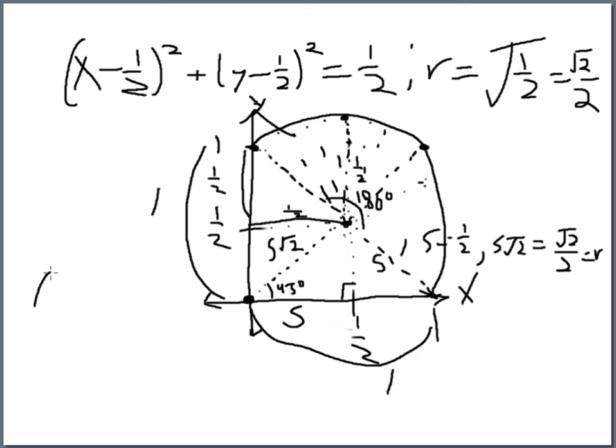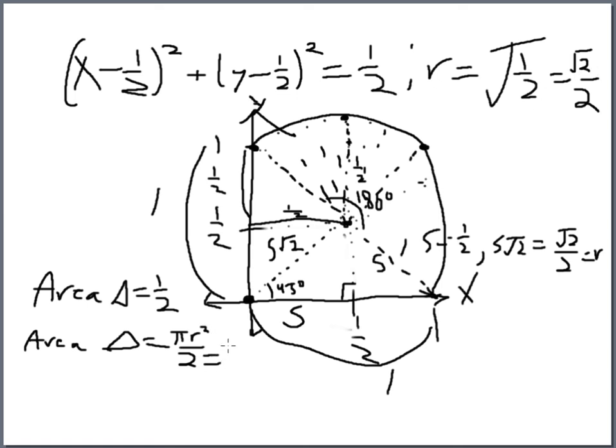So the area of the triangle is equal to 1/2. The area of the semicircle is equal to pi r squared over 2. And we know the radius squared is 1/2. So it's equal to pi times 1/2 over 2, which is equal to pi over 4.